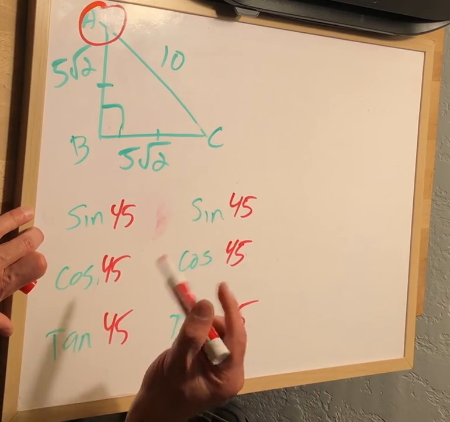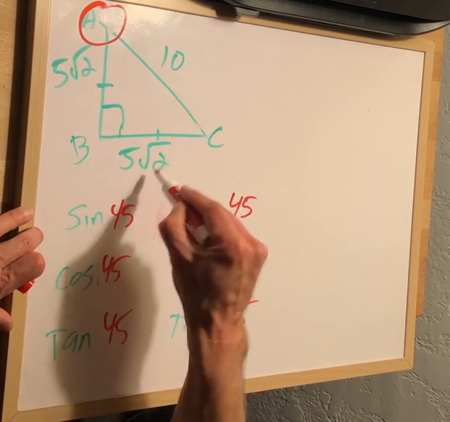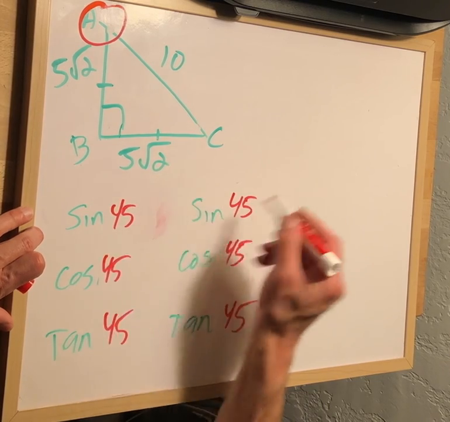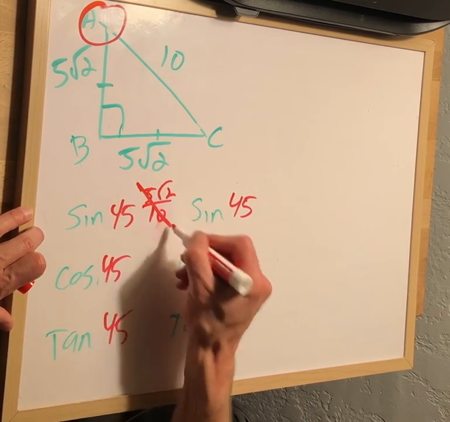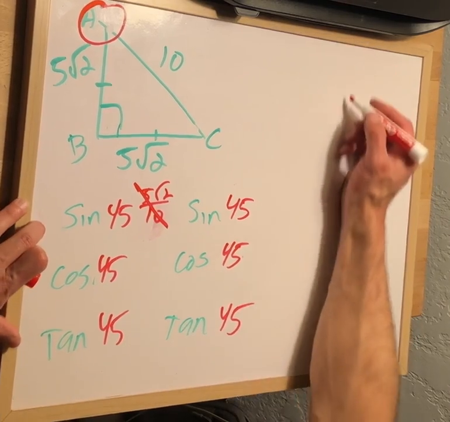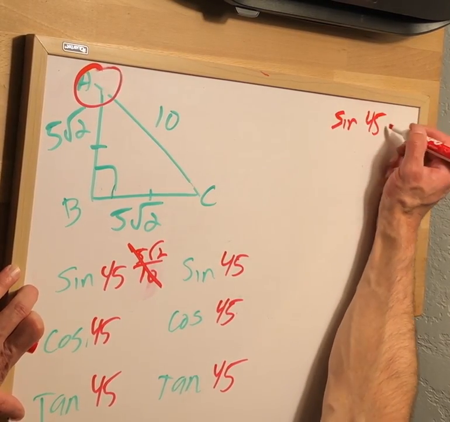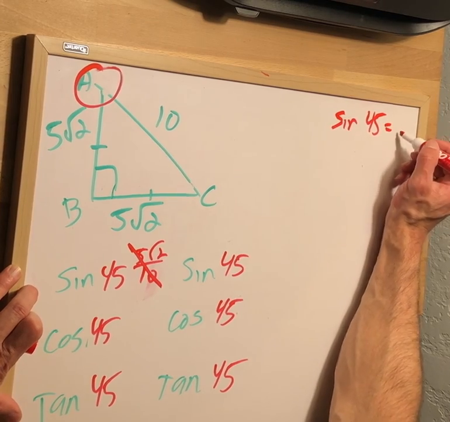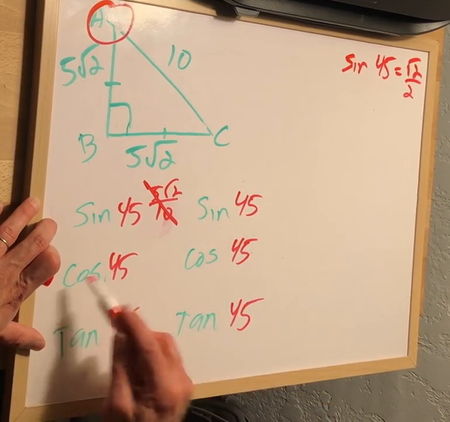So sine of 45, which was A here, which is opposite over hypotenuse, 5 root 2 over 10 reduces to sine of 45 equals root 2 over 2. Let's see if we get root 2 over 2 for these four.